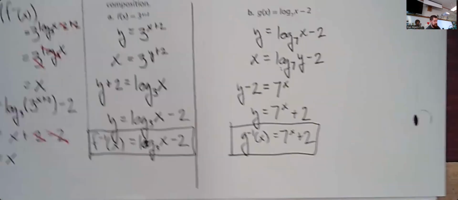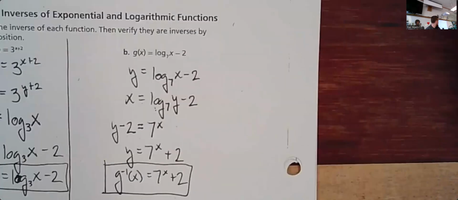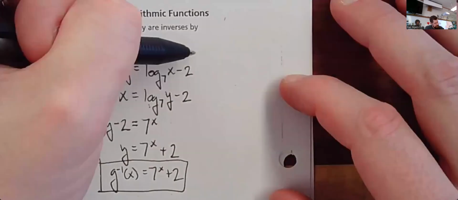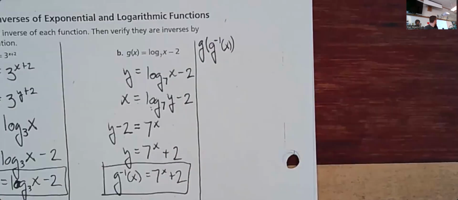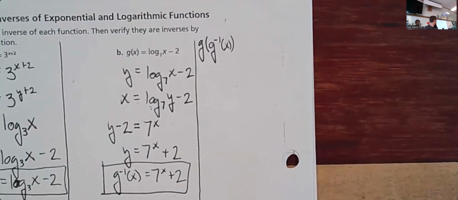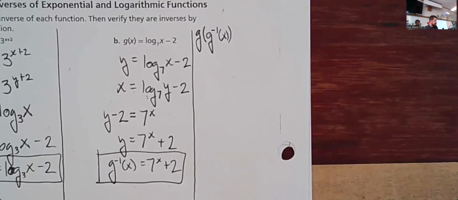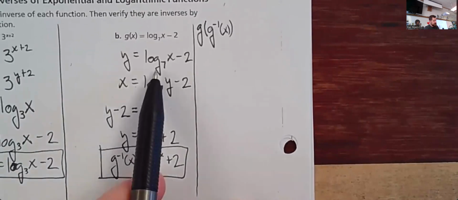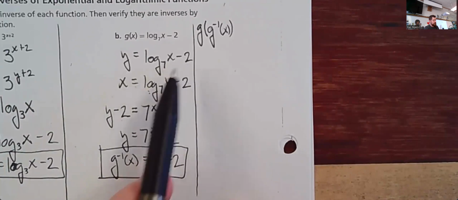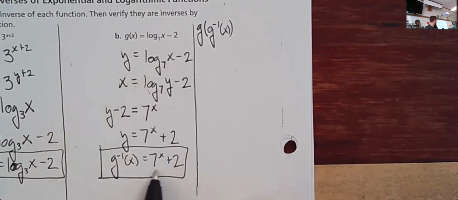And so if we take a look over here, another line right there, we'll look at g of g inverse of x for the first one. And so we're going to take our original function of log base 7 x minus 2, and we're going to replace x with our inverse function of 7 to the x plus 2.